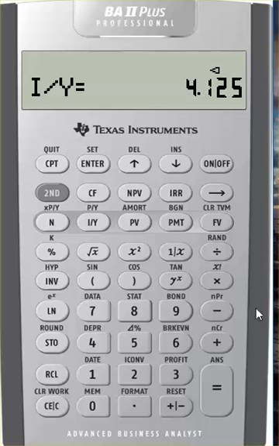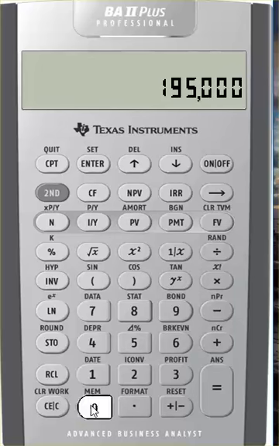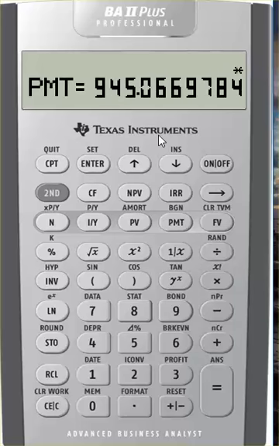I'm going to borrow $195,000. I'm going to change my sign to an outflow, and that's my present value. And then to find out what my monthly payment will be, it's nothing more than CPT, compute payment: $945.07.